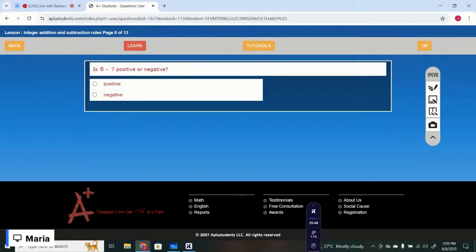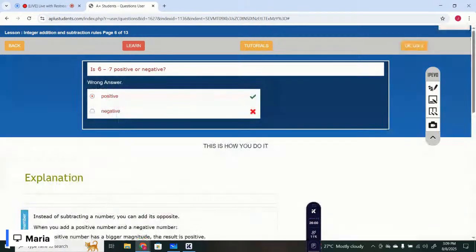Is negative 6 minus negative 7 positive or negative? Negative it is. Option number 2 is the correct option. Oh, positive it is. Option 1 is the correct option, not negative.